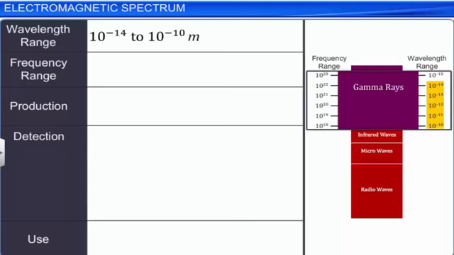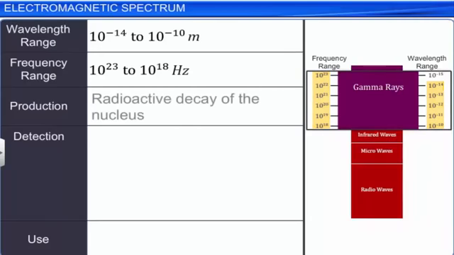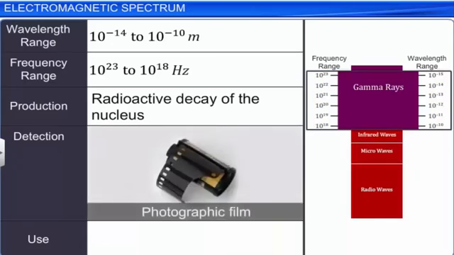Frequency range of gamma rays is from 10¹⁸ Hz to 10²³ Hz, which lies in the upper frequency range of the electromagnetic spectrum. Gamma rays are produced by the radioactive decay of the nucleus. They are detected by photographic films, Geiger tubes, and ionization chambers. They are used in medicine to kill cancer cells.